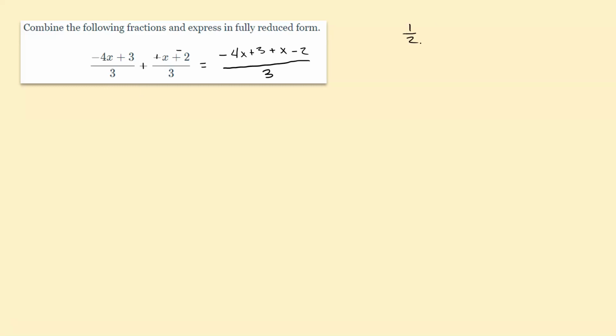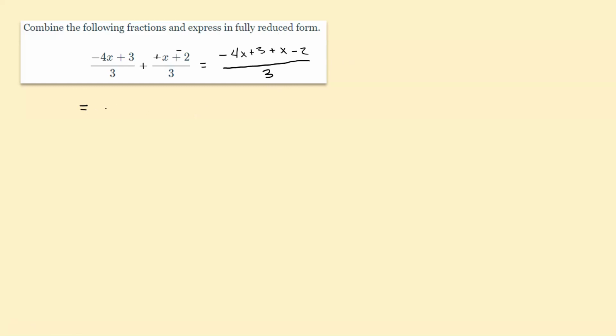Remember, if you have like 1/2 plus 3/2, this becomes 4/2. We don't actually add or subtract the denominator together. The denominator stays the same. So same thing here. This over 3 plus this over 3 becomes this over 3.